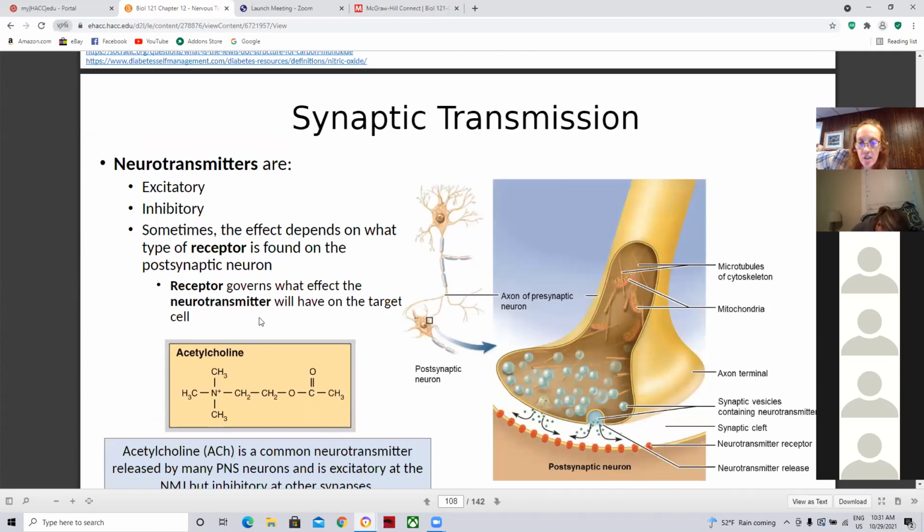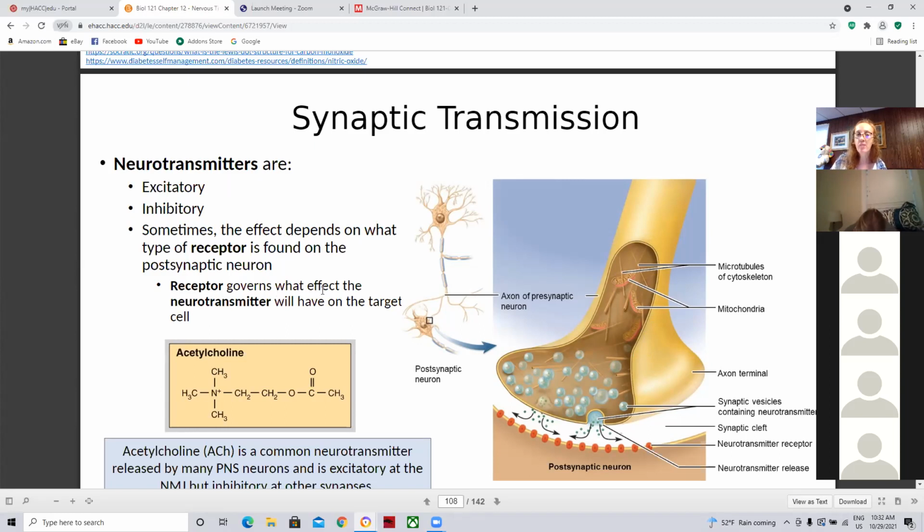Neurotransmitters can be excitatory, inhibitory, and sometimes their effect depends on what type of receptor is found on the postsynaptic neuron. Actually, let me not say that no neurotransmitter is always excitatory or always inhibitory. Most neurotransmitters can be excitatory or inhibitory based on what receptor they bind to.